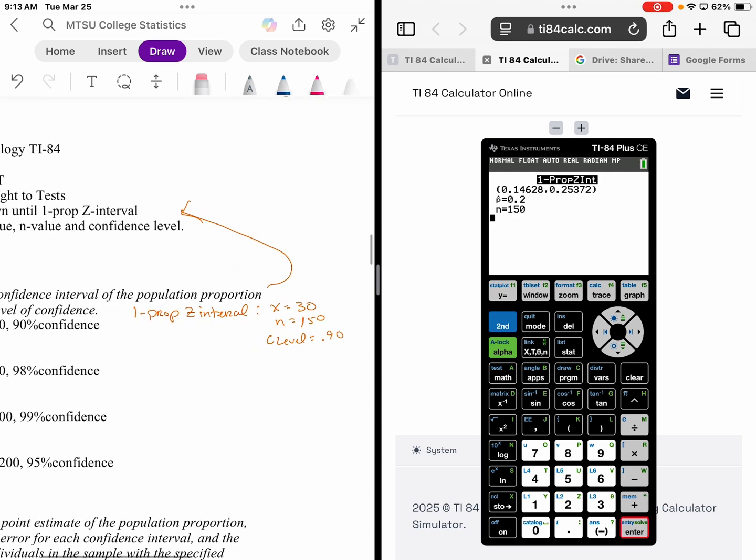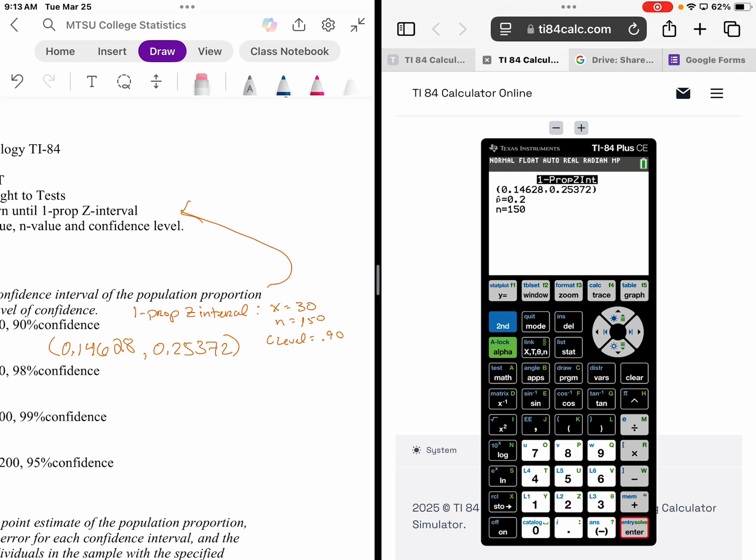And so the lower and upper bound for this one, our confidence interval, is from 0.14628, comma, 0.25372.